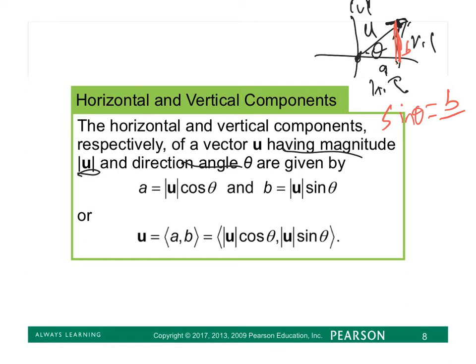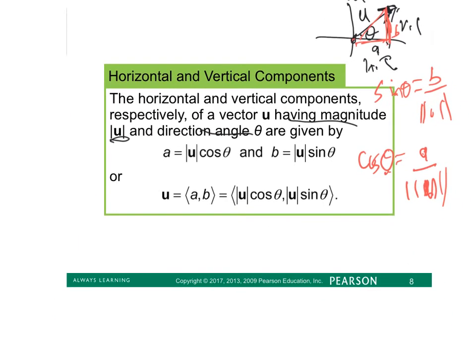The hypotenuse is the magnitude of vector U. I could also say that cosine of theta is the horizontal, the adjacent, over the hypotenuse, so that would be A, the horizontal component, over the magnitude of vector U. So cosine deals with the horizontal component, sine deals with the vertical component.